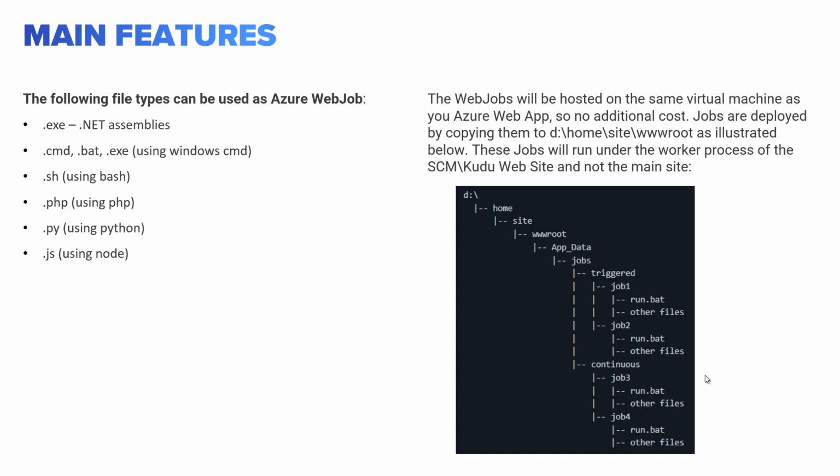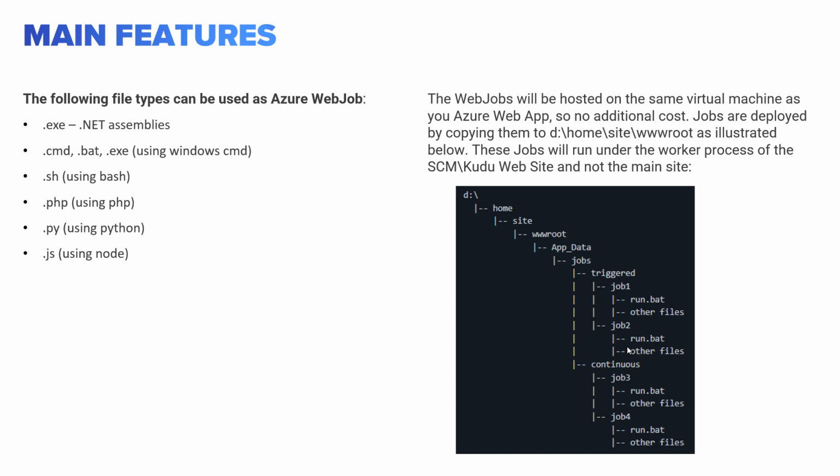The following file types can be used as an Azure WebJob. So it can be executables like console applications, it can be using Windows commands and other file types specified here. The web jobs will be hosted on the same virtual machine as your Azure web application. That's why there is no additional cost. When we publish our web jobs, they are deployed to the same folder structure where our site exists.